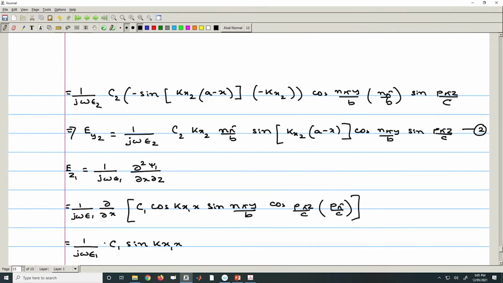So this will be minus kx1, this will be sin nπy upon b cos pπz upon c, then pπ by c.